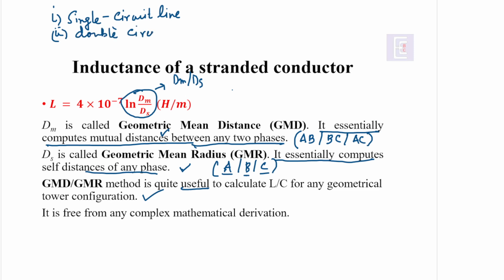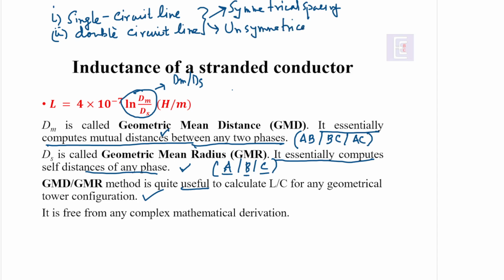We may have symmetrical spacing between conductors, we may have unsymmetrical spacing between conductors, or any other configuration.